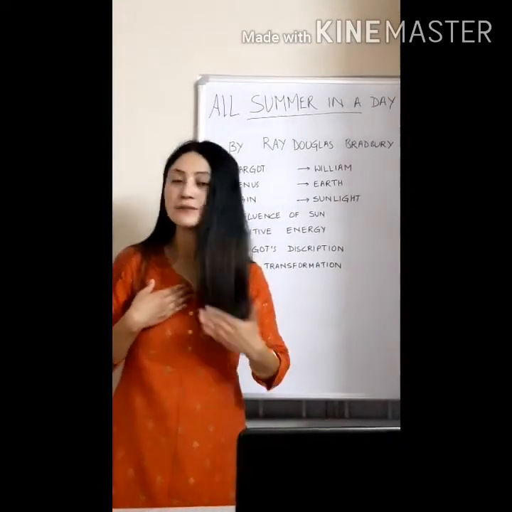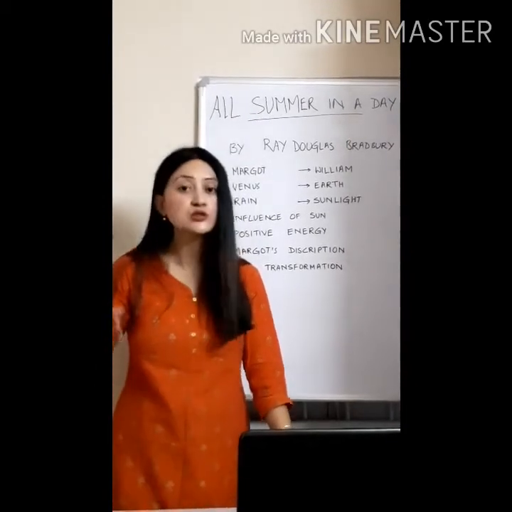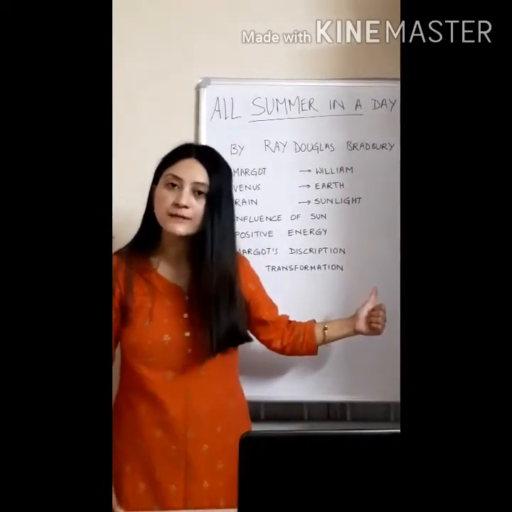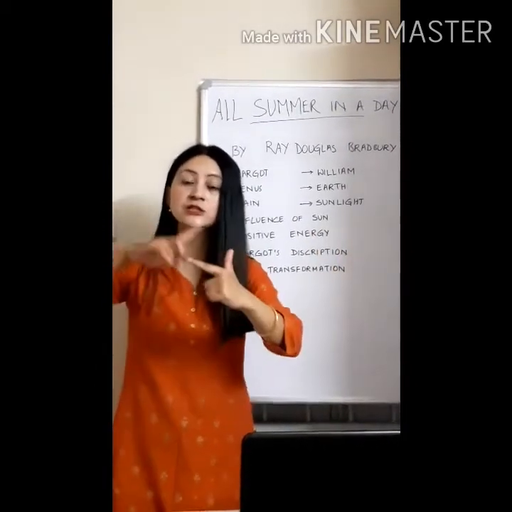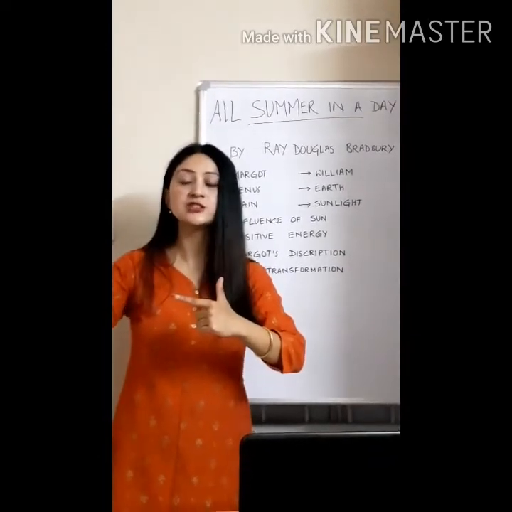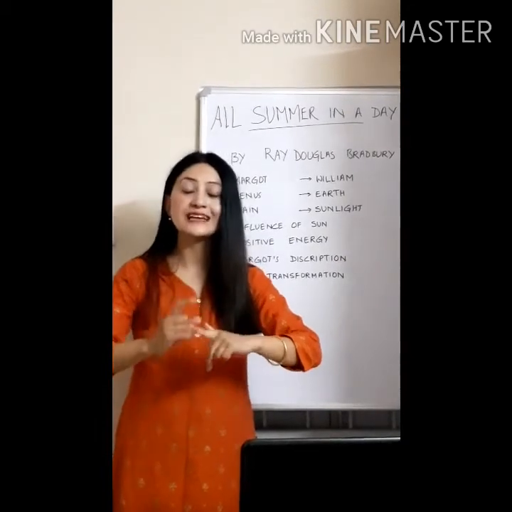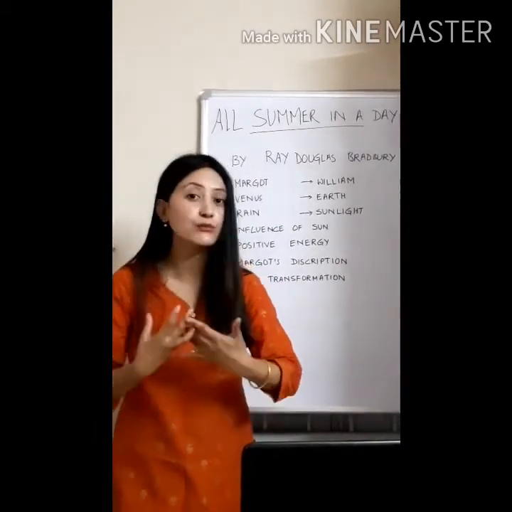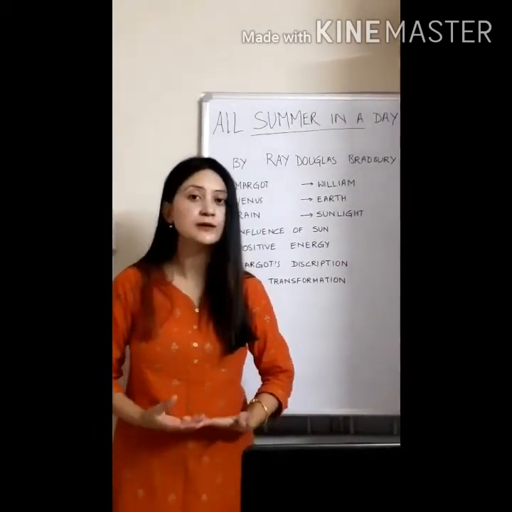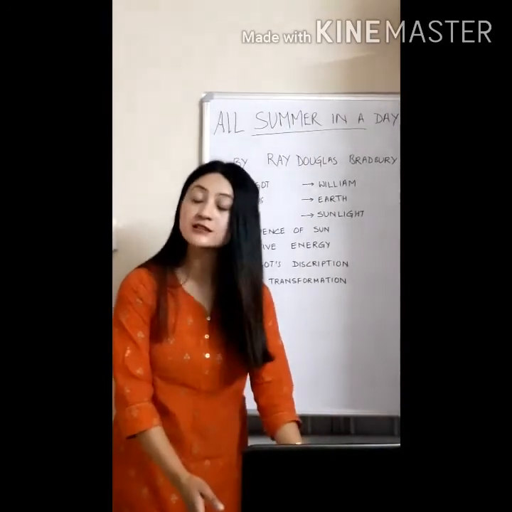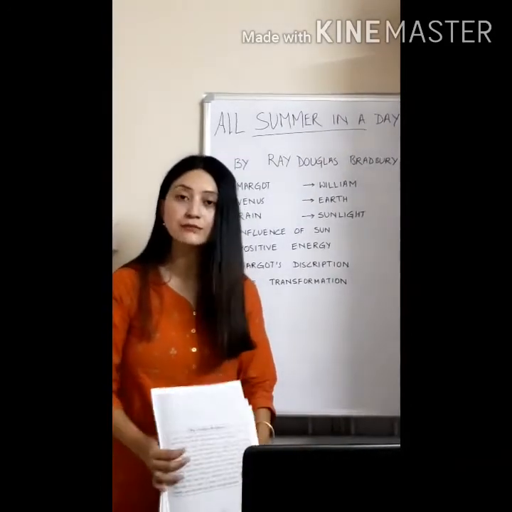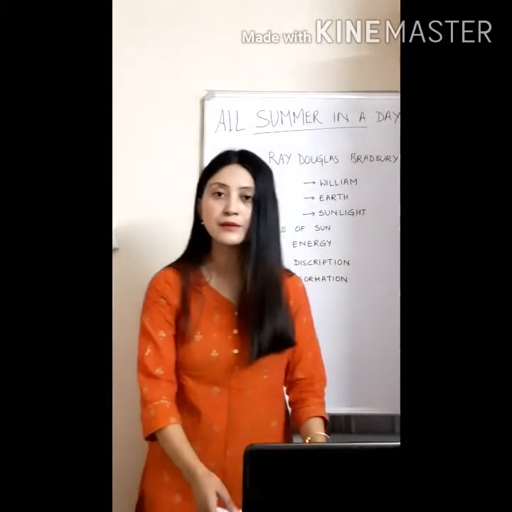They could not meet each other's glances. At least towards the end, these children's negativity had been turned into positive energy because of the sun. Why? Because they showed a sign of guilt and remorse towards the end of the story. So this is the gist of the theme of the story All Summer in a Day.